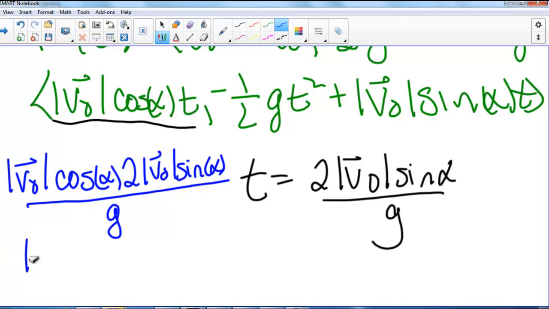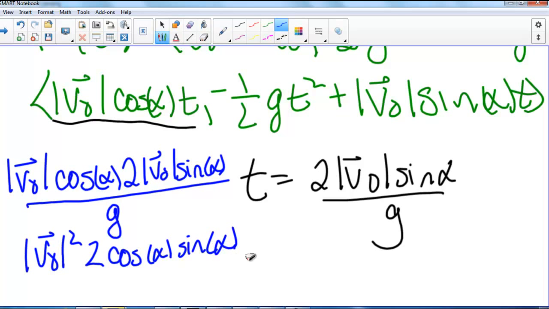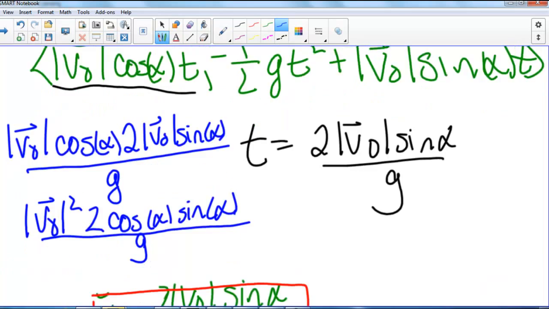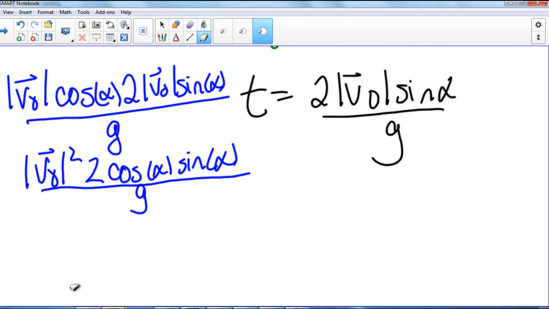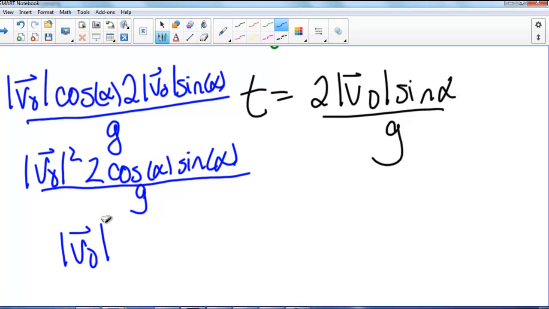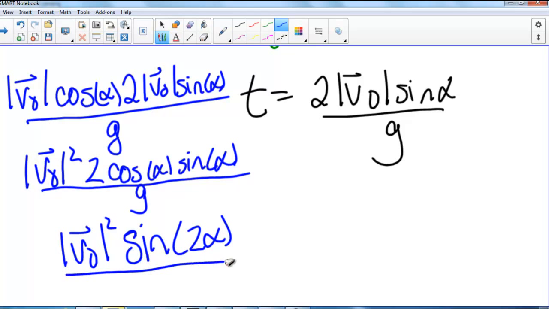So we have magnitude of v naught squared times 2 cosine of alpha sine of alpha over g. And 2 cosine alpha sine alpha is equal to sine of 2 alpha. So this gives us magnitude of v naught squared times sine of 2 alpha over g. And that will give us our range.